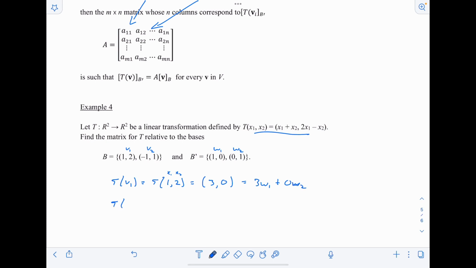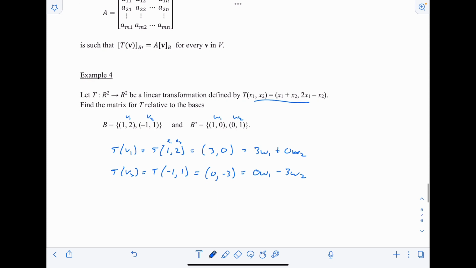And then T of V2, likewise, is T of negative 1, 1, which again, just plugging that into our definition for T, is going to give us 0, and negative 2 minus 1 is negative 3, which again, relative to B prime, is 0w1 minus 3w2.